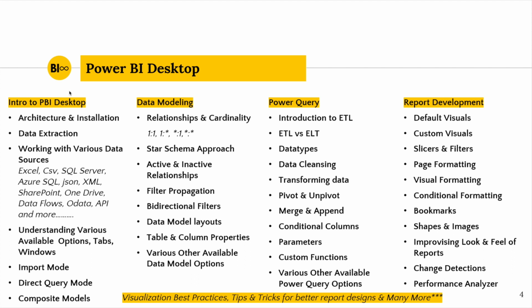And we will learn what import mode, DirectQuery mode and composite models are, and the differences between them, and relationships, cardinality, and how we can approach star schema data modeling, filter propagation, bidirectional filters and how we can overcome that, different data model layouts, different properties of a table and column, and all other options available in Power BI Desktop.